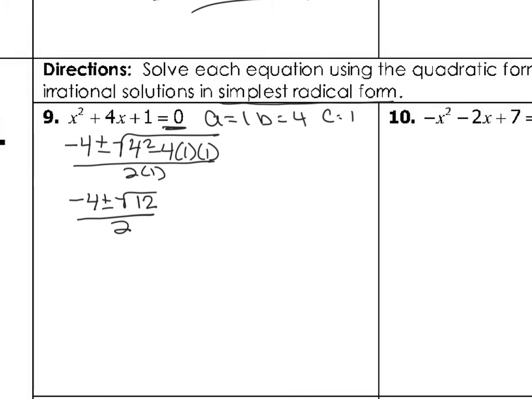Let's simplify this radical, though. We know that 3 times 4 is 12, right? And 4 is a perfect square, so this could be 2 square root of 3 over 2.